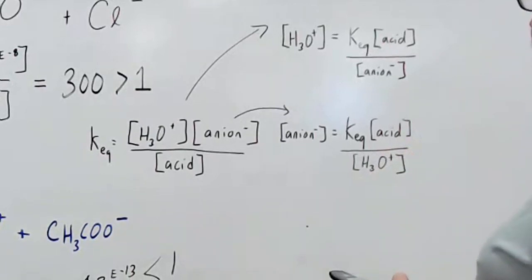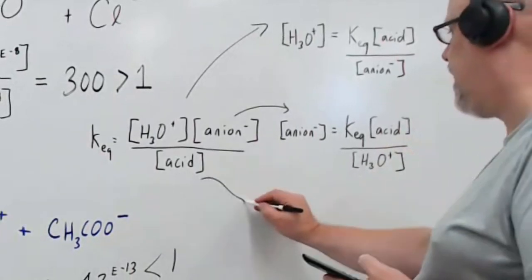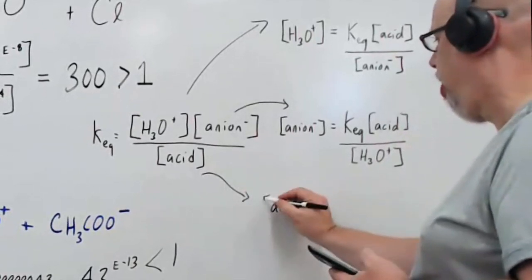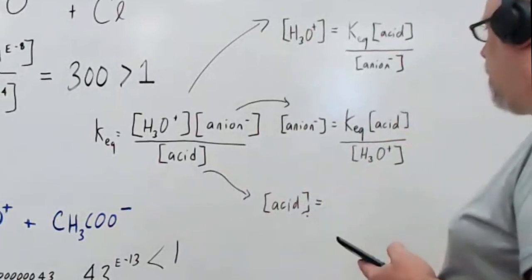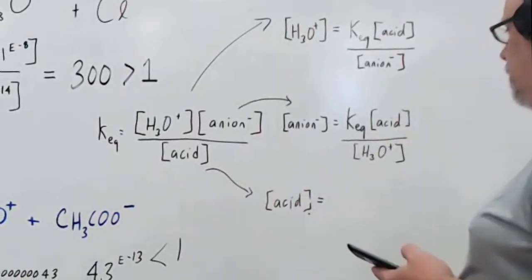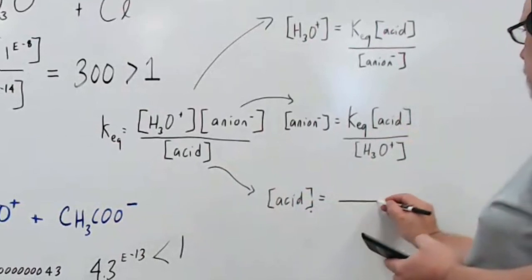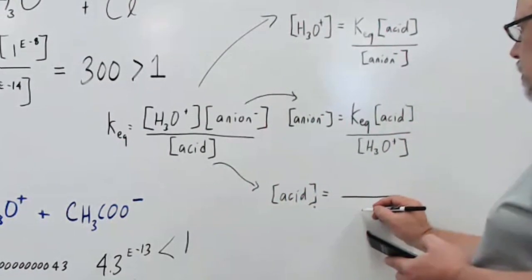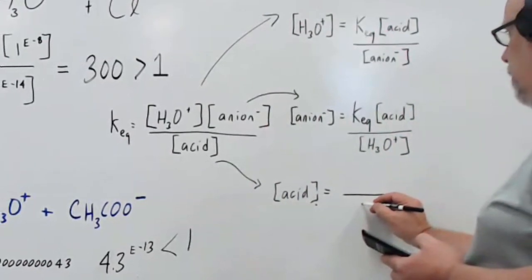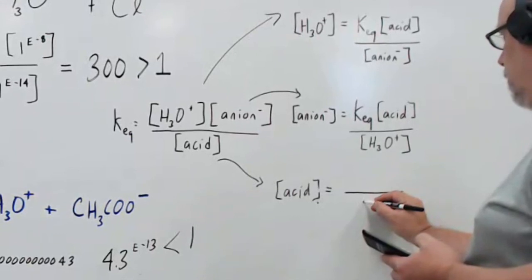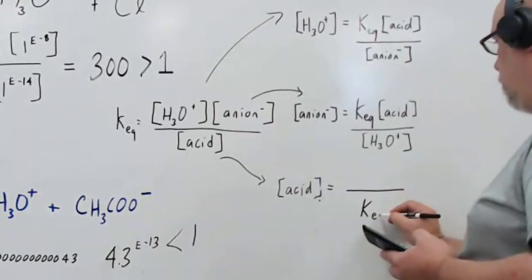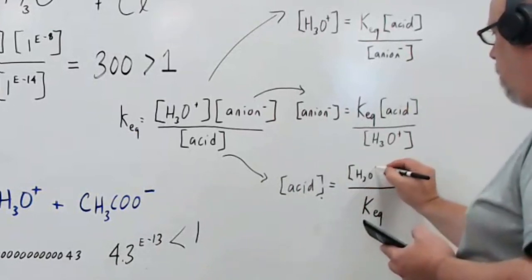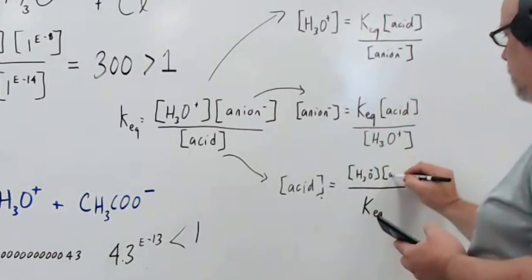And if we were trying to find the original concentration of the acid, again, through algebraic rearrangement, K sub EQ would be on the bottom, and our hydronium and anion would be on the top.